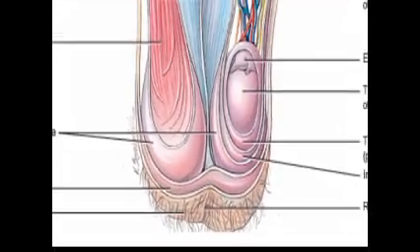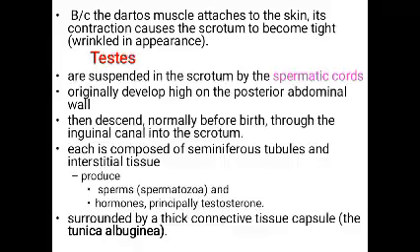Because the dartos muscle is attached to the skin, its contraction causes the scrotum to become tight or wrinkled in appearance.